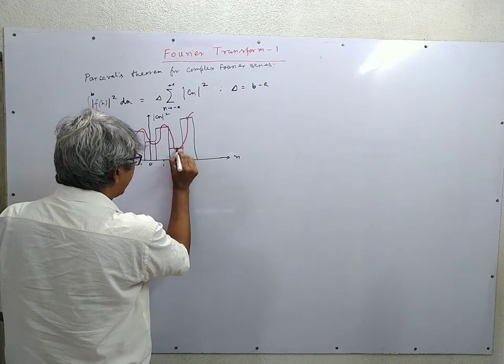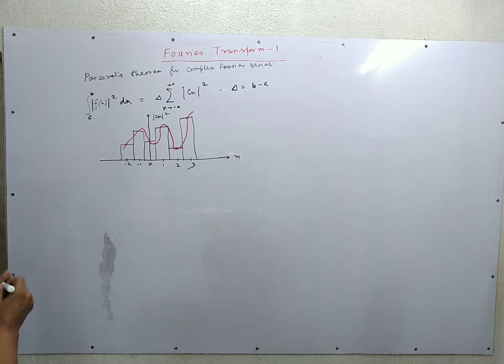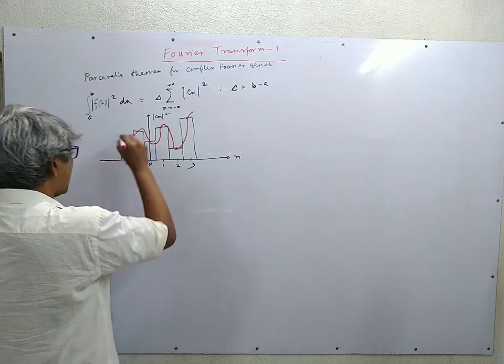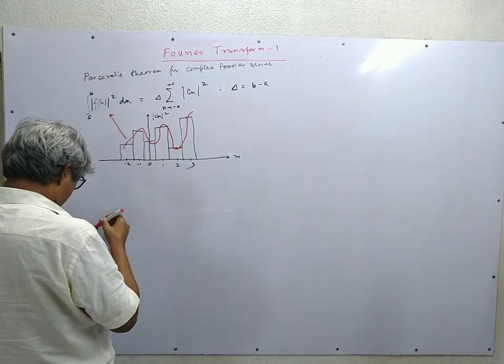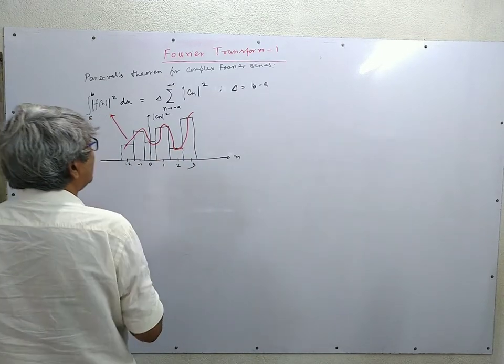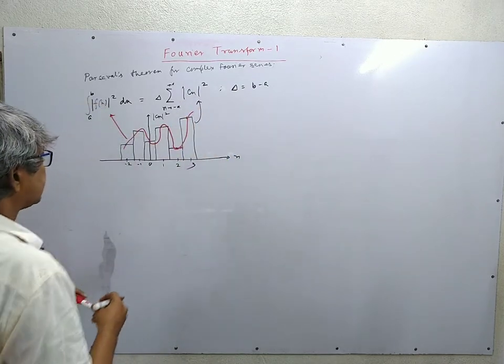So the red line actually represents the integral on the left hand side, and the broken lines and the hexagons represent the sum on the right hand side.